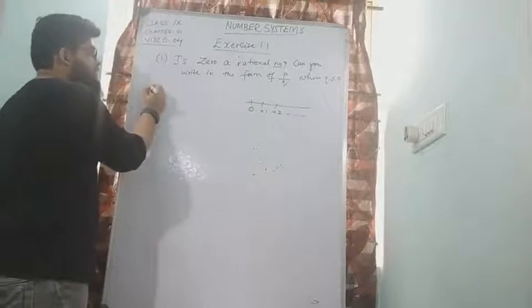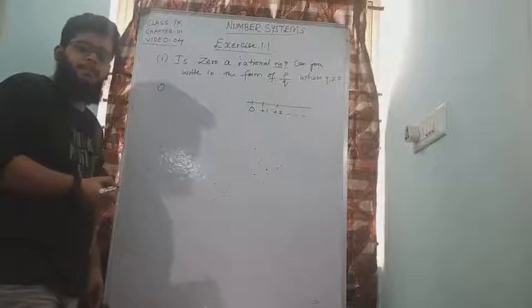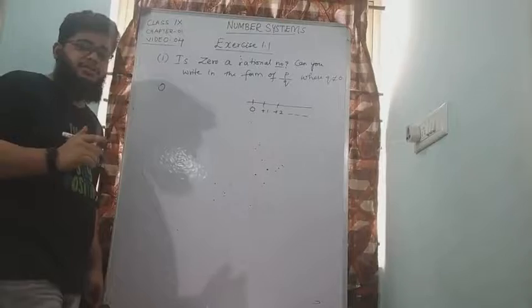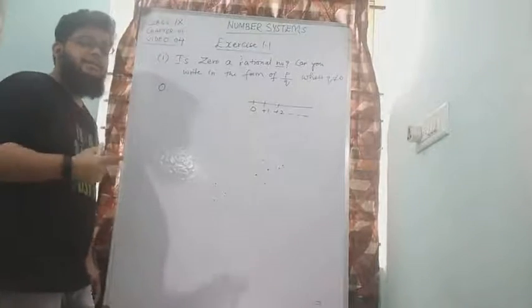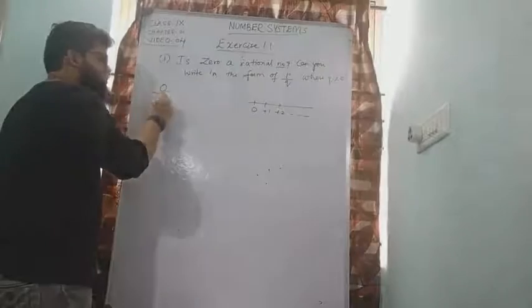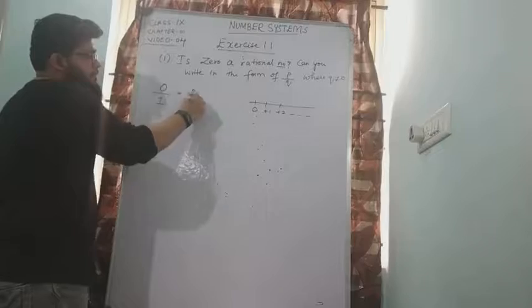We have learned that all whole numbers are also rational numbers. So if it is a rational number, how do we write it in the form of a rational number? We can write it like 0 divided by 1. So this becomes in the form of P by Q.